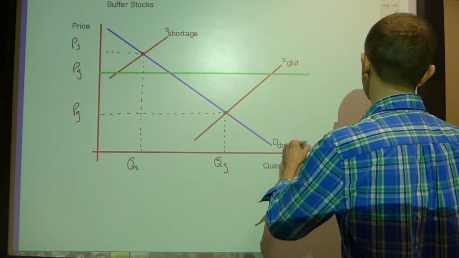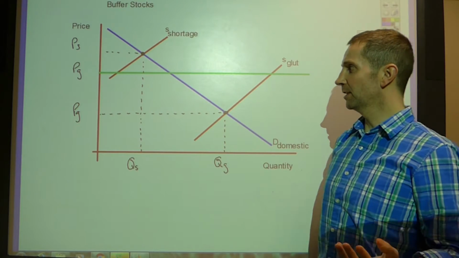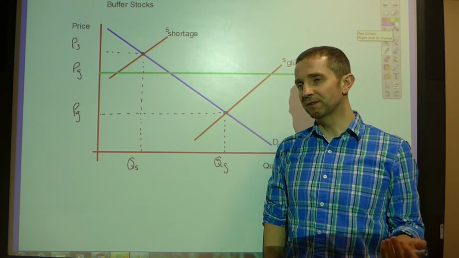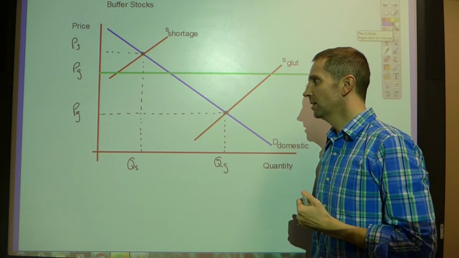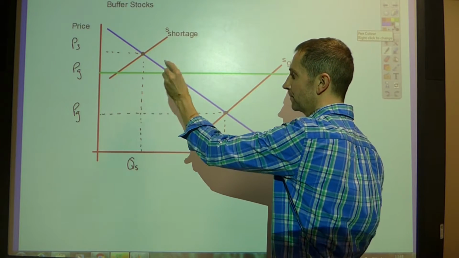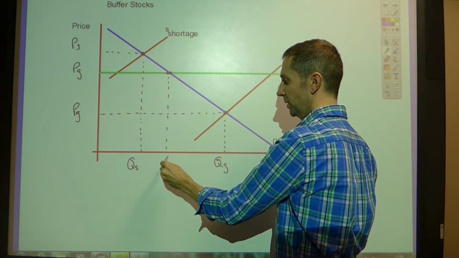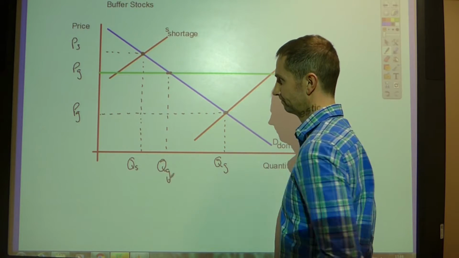So let's get to a little bit of analysis on this diagram. The simple Peter Smith textbook analysis of this one is that we are trying to maintain this price PG right here, which would be QG.